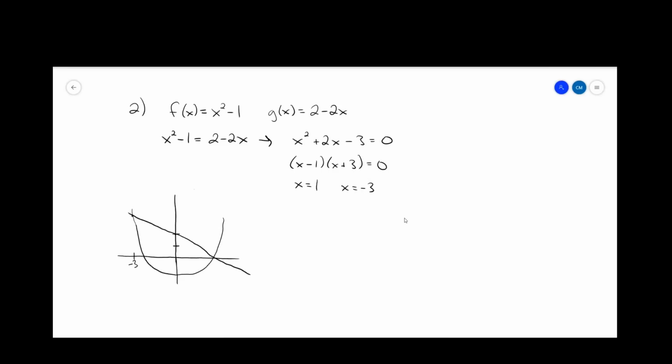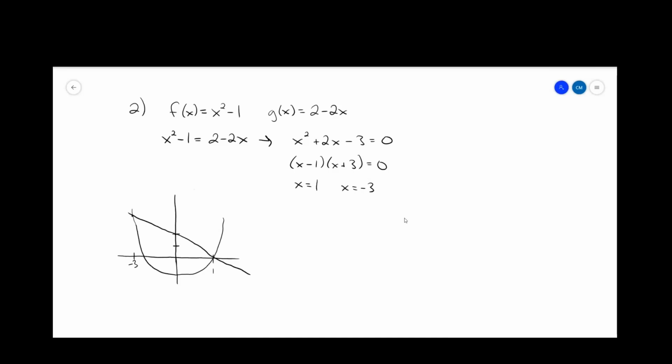And the other one's supposed to be 1. It looks something like that. Okay, cool. If you have a calculator, of course, just put it on the calculator. That'll help. Okay. Anyway, that establishes the bounds.